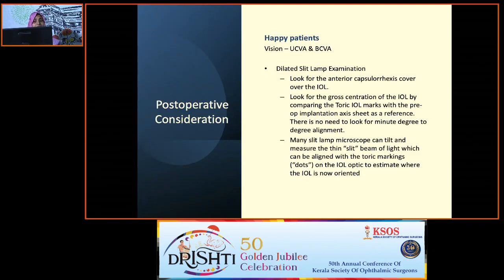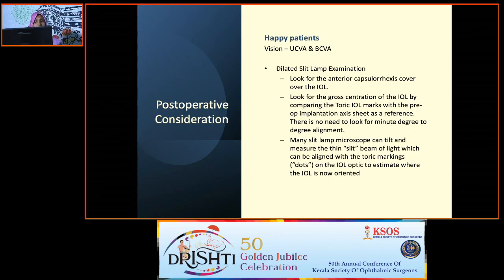So, how will we proceed? In happy patients, we have to check uncorrected visual acuity and best corrected visual acuity, whether they have achieved the expected target vision. Then we have to dilate and examine under the slit lamp. Look for anterior capsule rhexis cover over the IOL.